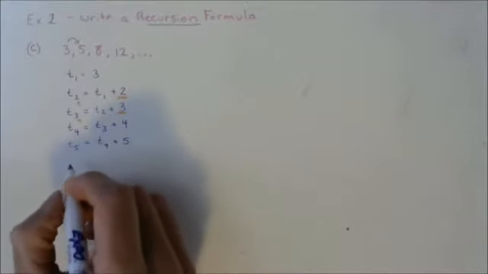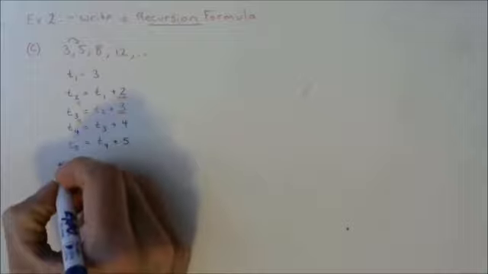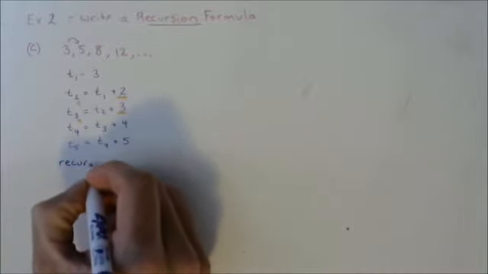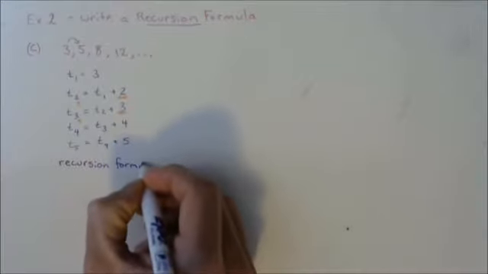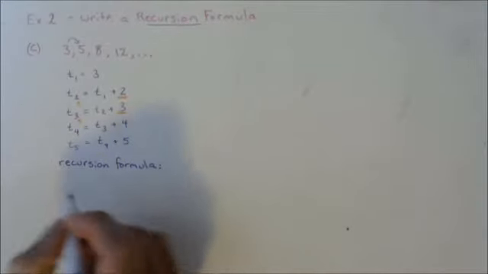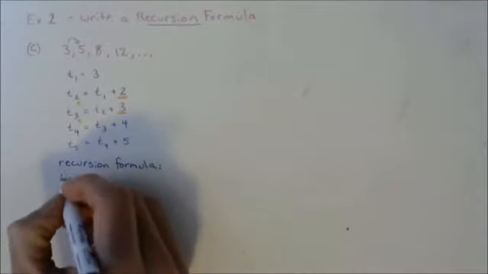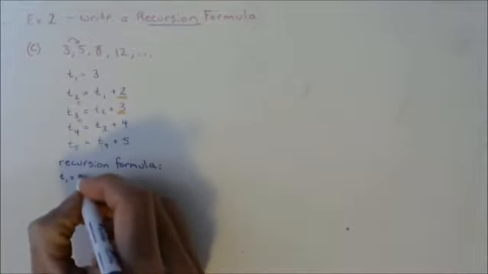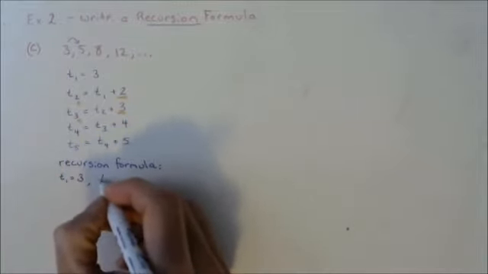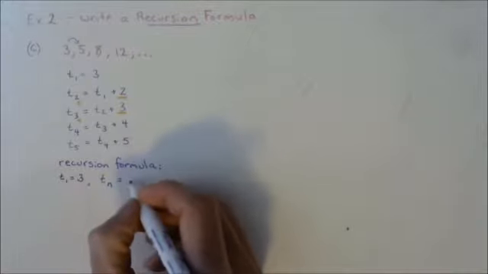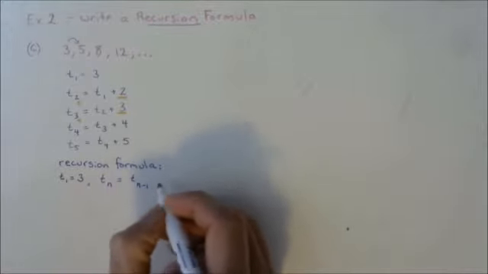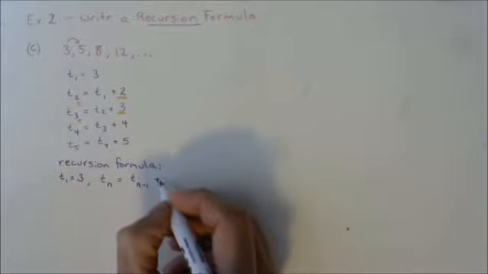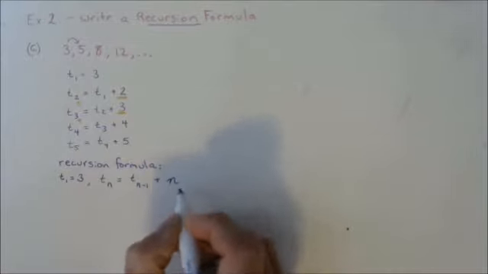Okay, so if we look at this one, we have a recursion formula. I wouldn't expect you necessarily to write those words every single time. You could just write the recursion formula. First term is given. That's 3. And we can get any term as long as we take the term value before that term and add n.